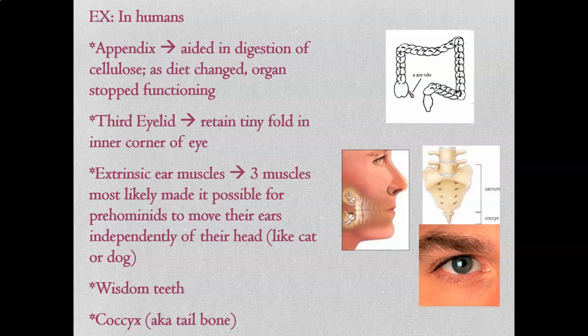Most of us get them removed because they're not vital to survival given our current diets. Your tailbone, also a vestigial structure, all right, a holdover from ancestors that used to have tails. We no longer do. It's no longer a vital reproductive success necessary trait, but we still have that tailbone as a result.